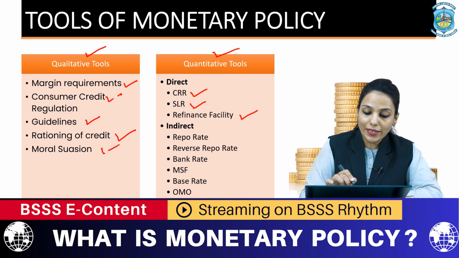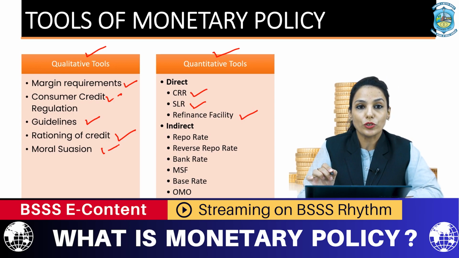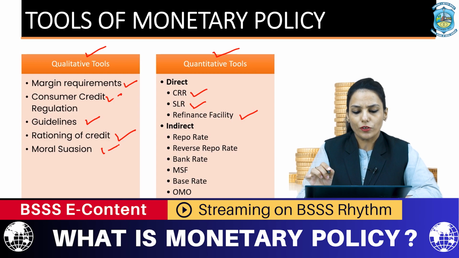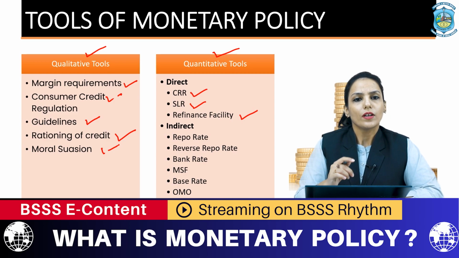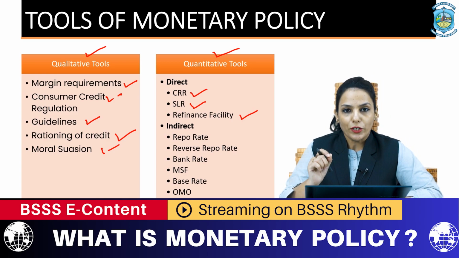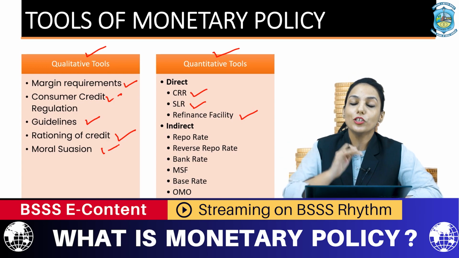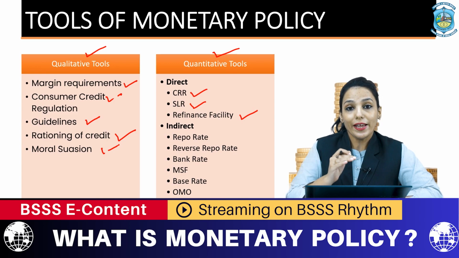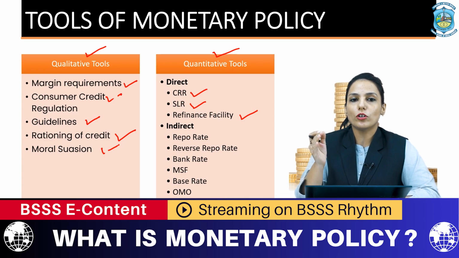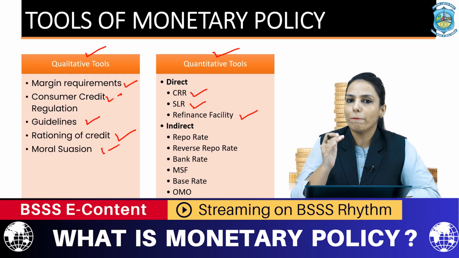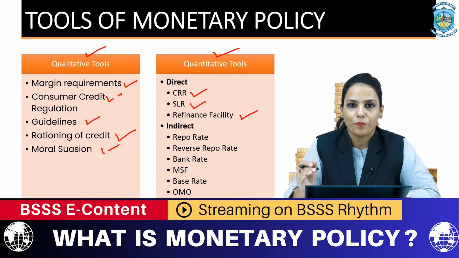Let us see the indirect tools. The first indirect tool refers to repo rate. It refers to the interest rate at which the RBI loans money to commercial banks in exchange for the promise of government assets, whenever the banks want funds that are required for their day-to-day commitments.